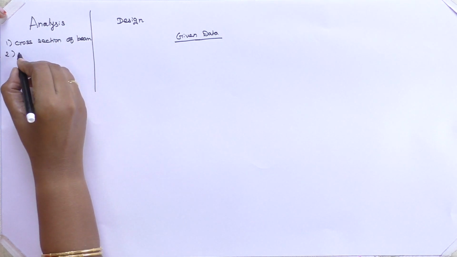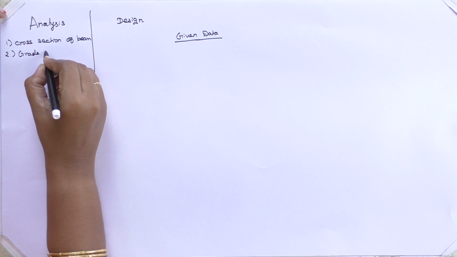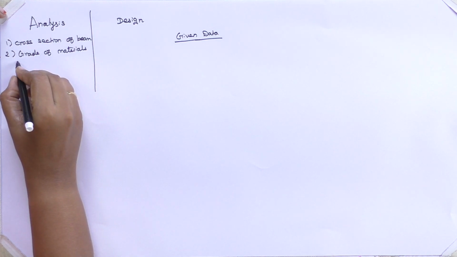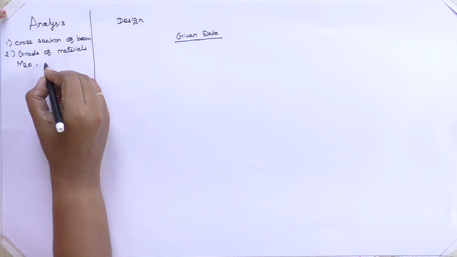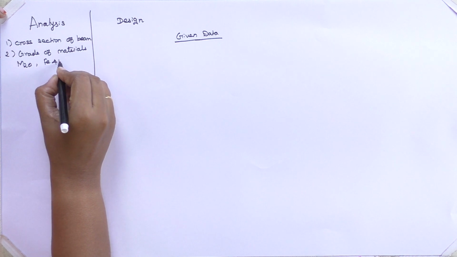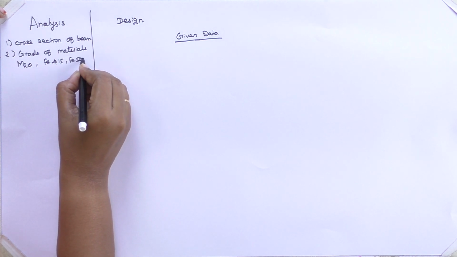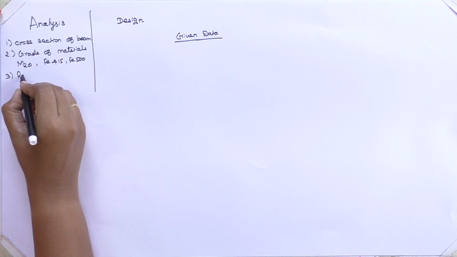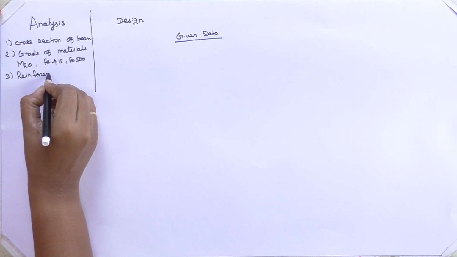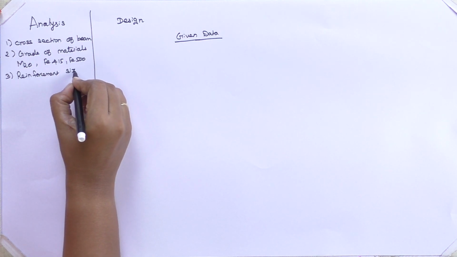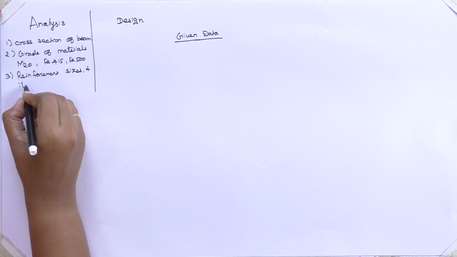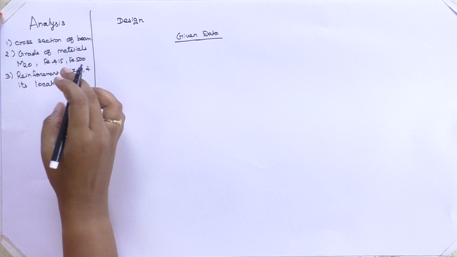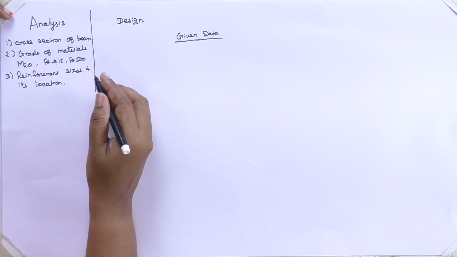The second one, grade of materials. For example, if it is concrete, M20; if it is steel, Fe 500. Like that we give the input as grade of materials. Third one, reinforcement sizes and its location. These are some of the inputs we give for the analysis problem.